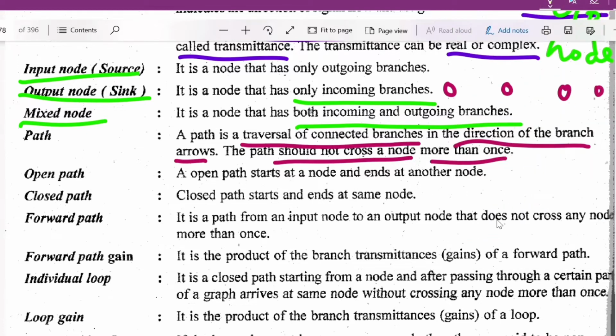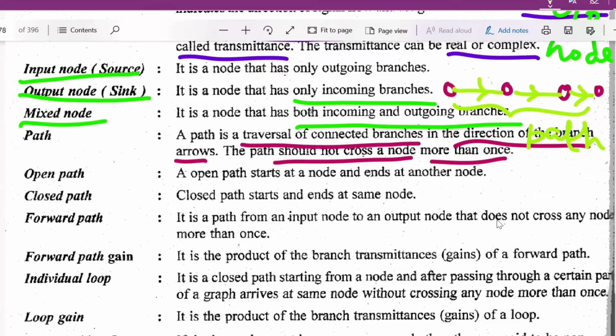Now if we are connecting 2 nodes then it is called a branch which has an arrowhead direction to flow. And the whole branches when connected via the nodes at once is called a path. This is what we call a path.